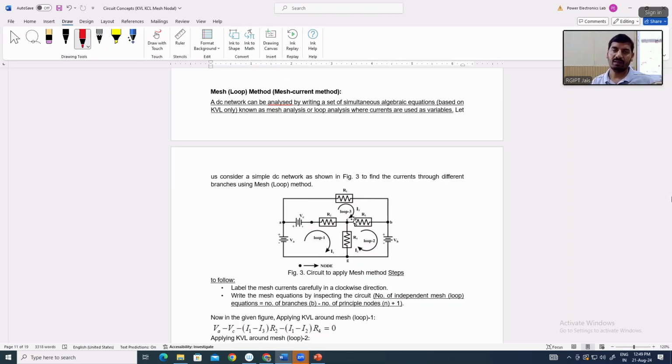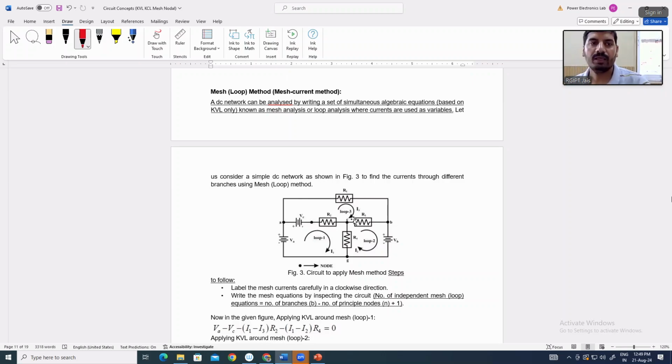If your assumed direction is correct, the current value will come positive when you calculate it. If your assumed direction was wrong, you will get a negative value, meaning you have to reverse the direction of the current. That is the simple principle.